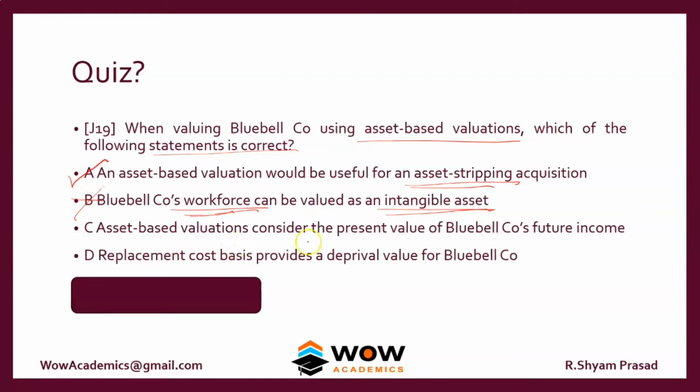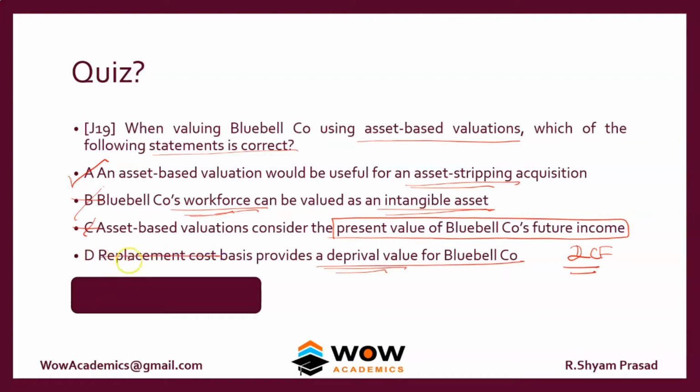C. Asset-based valuation considers the present value of Bluebell's future income. This is not the right method. That method is called DCF, discounted cash flow method. So C is again wrong. Replacement cost basis provides a deprival value for Bluebell Co. Deprival value means it is the lowest value that can be arrived at.